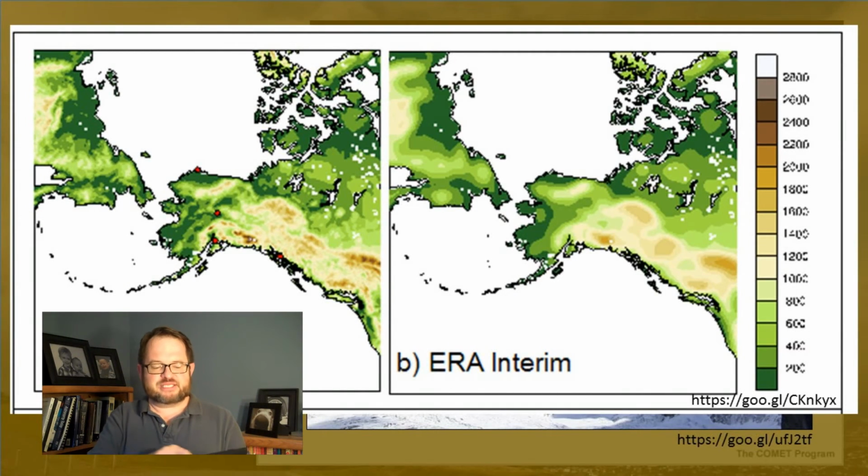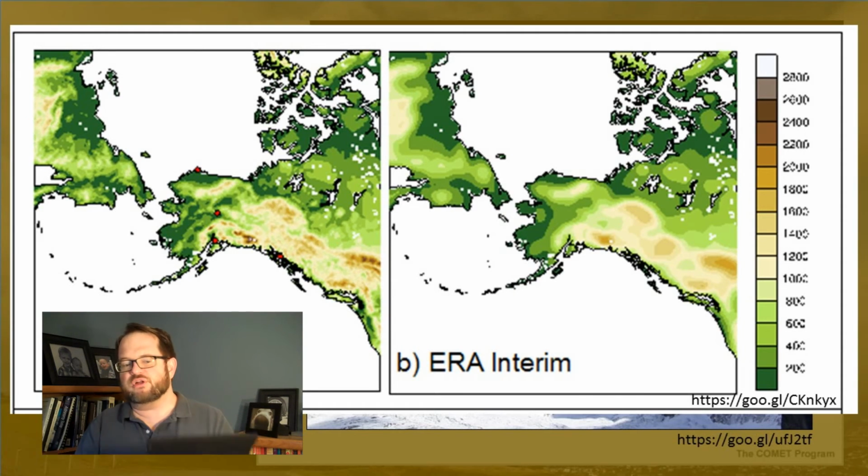For example, this diagram here has two different maps of parts of North America and Siberia with two different resolutions of terrain in the model. And you can see, especially the one on the right, it's a very simplified version of what the real terrain is doing.